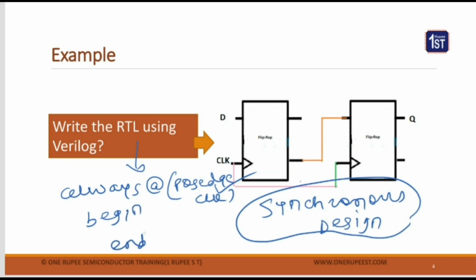You use NBA assignments, non-blocking assignments, and then try to code this logic. Try to understand how this logic can fit on the FPGA fabric. At least try to imagine.